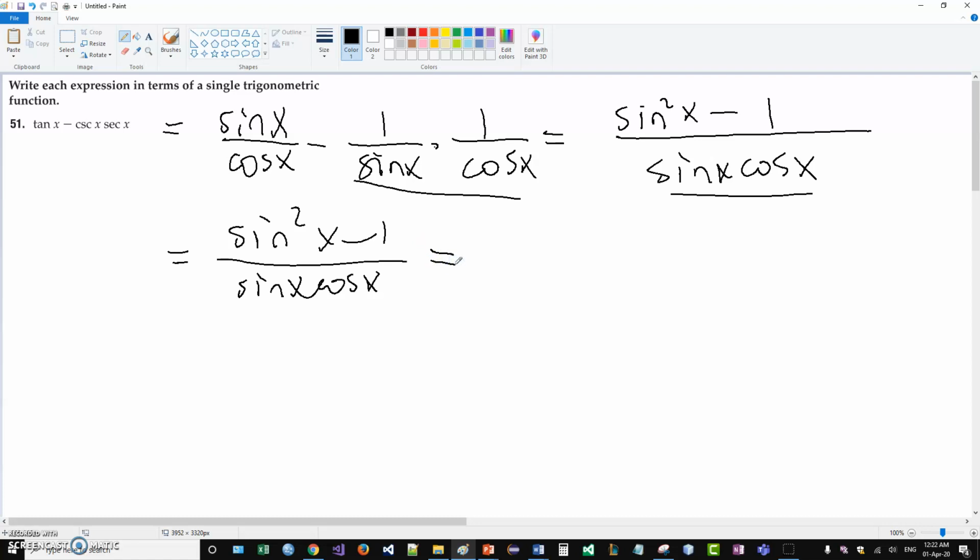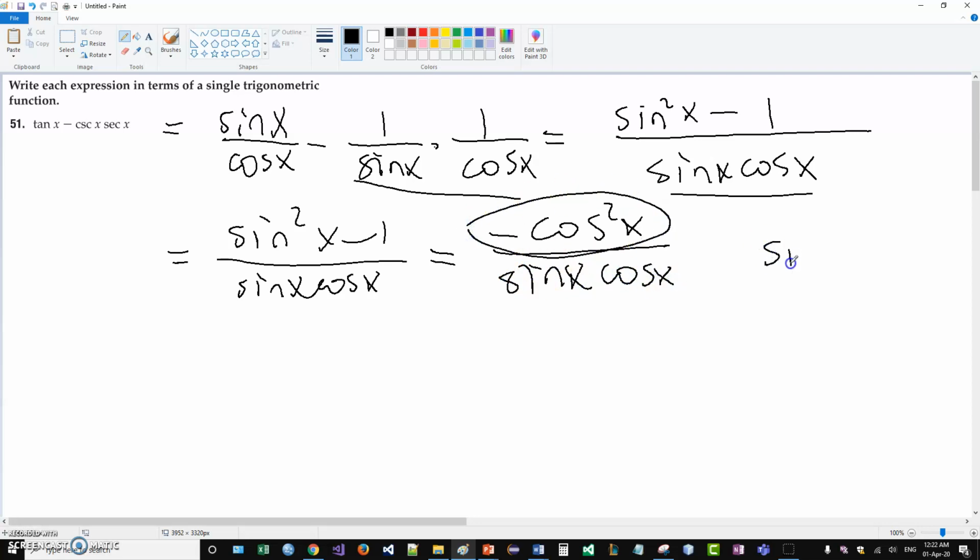Now what's sine square minus 1? That's minus cosine square x over sine x cosine x. Remember, sine square plus cosine square equals 1, Pythagorean identity. So if you bring the 1 here and take the cosine square here, you end up with minus cosine square.